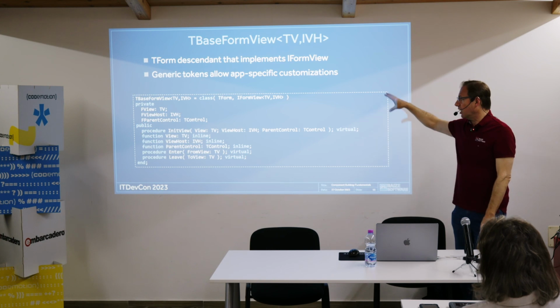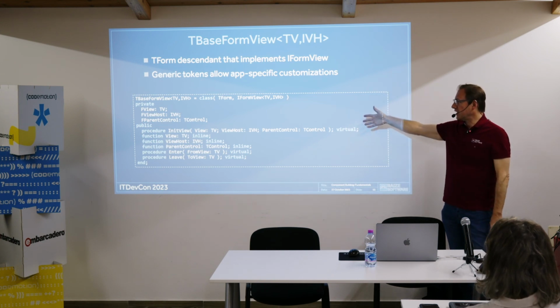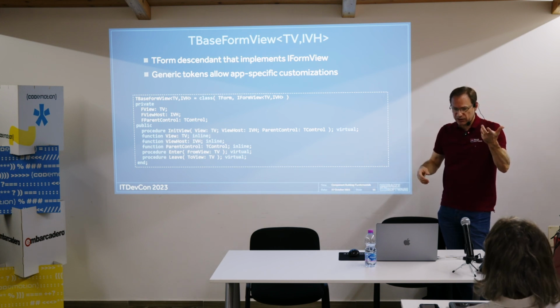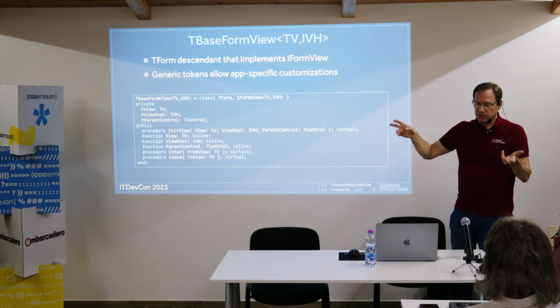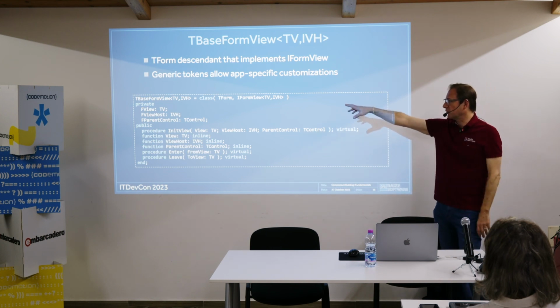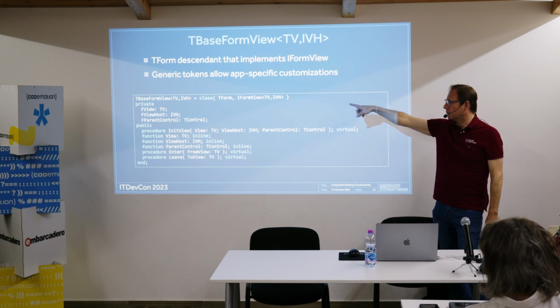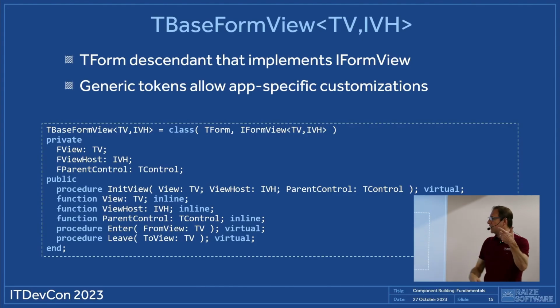So the implementation of this is a base implementation. Notice how TBaseForm, it is a T, so it's a type, a concrete type. Well, it's a generic type. It's not an interface because I still have template parameters. But notice how they simply get passed to the iFormView, which is saying TBaseFormView, TVIVH, is descending from TForm, it's a regular form, but it's going to implement this interface of iFormView with these parameters, and then we just write out the same thing we just showed.